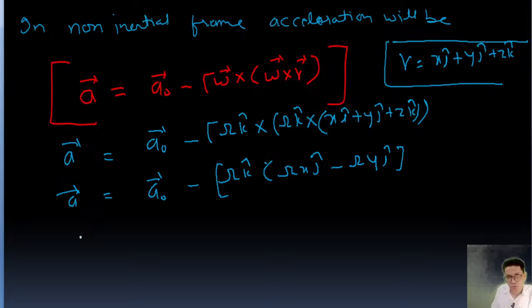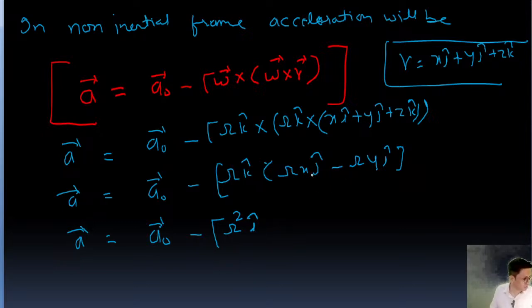So this vector a is going to be a naught minus this one, omega k cap, and again we multiply, so omega square k cross j means i cap.